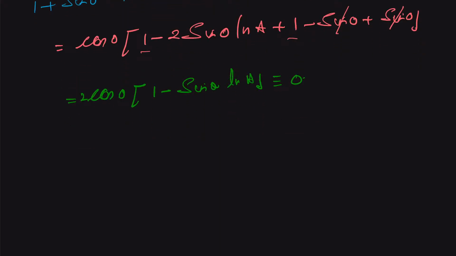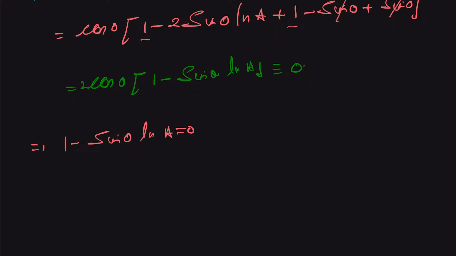Therefore we can say that 1 minus sine of theta natural log of a is equal to 0, and from here we can write that 1 is equal to sine of theta natural log of a, now we can substitute the value of a, and we get this as 1 plus sine of theta over cos of theta.